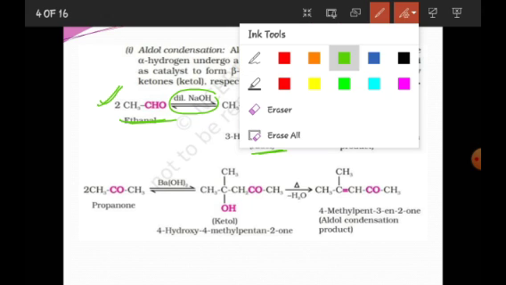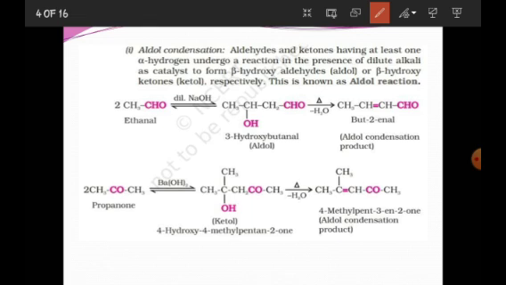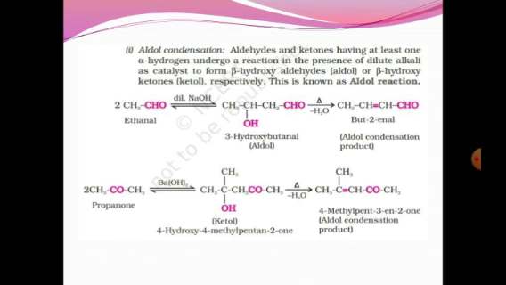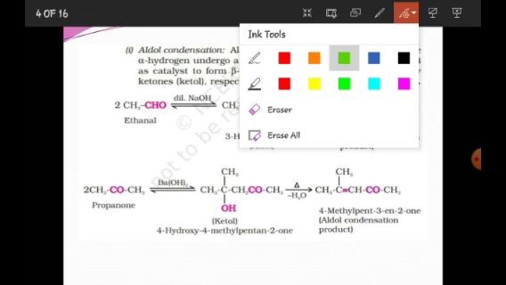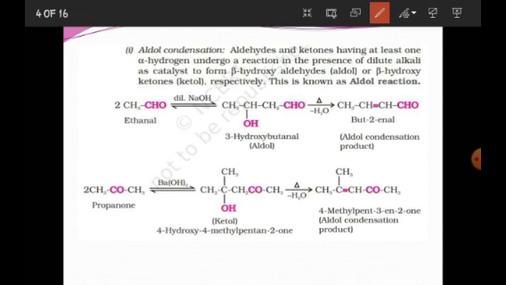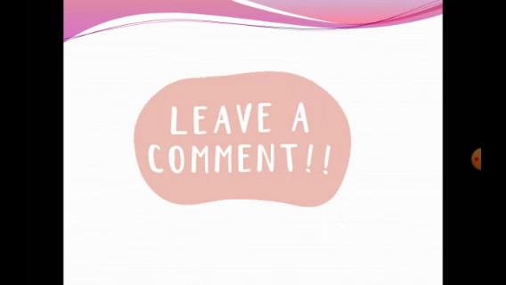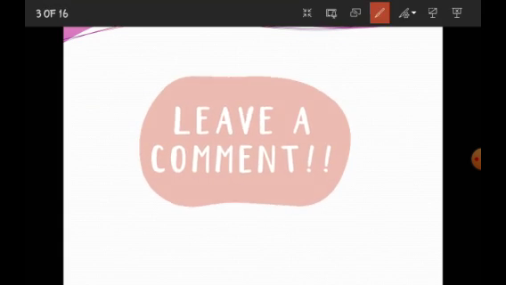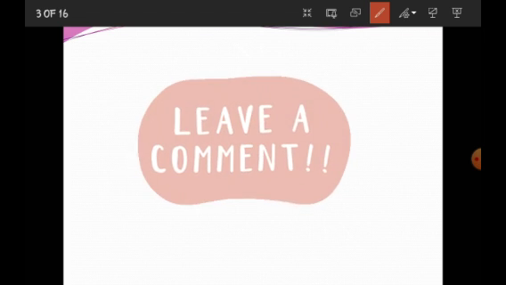Now how is this compound formed? For this understanding you need to write down the reactant in this way. See what we are taking: ethanal.